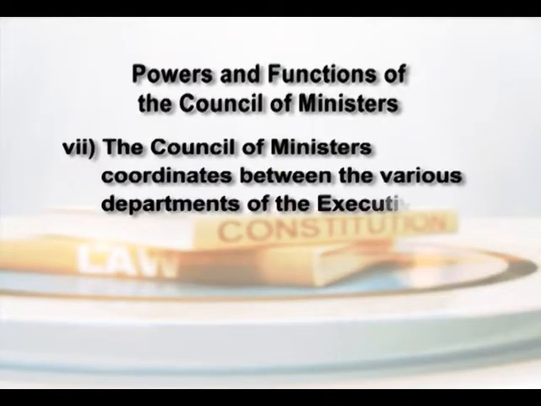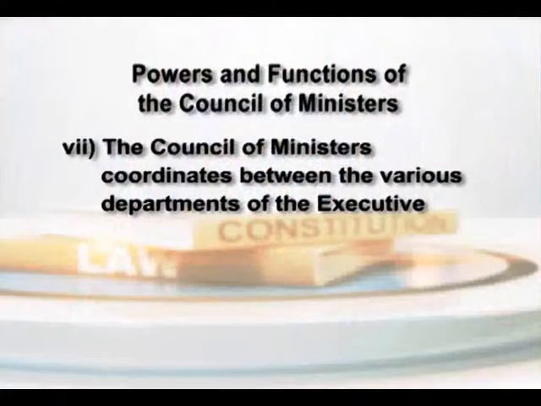Seventhly, the Council of Ministers coordinates between the various departments of the executive. The Council of Ministers specifies the jurisdiction of each of the departments of the administration in the government.